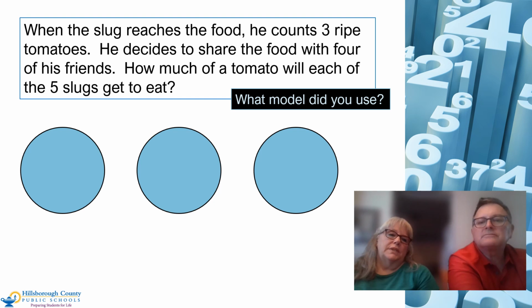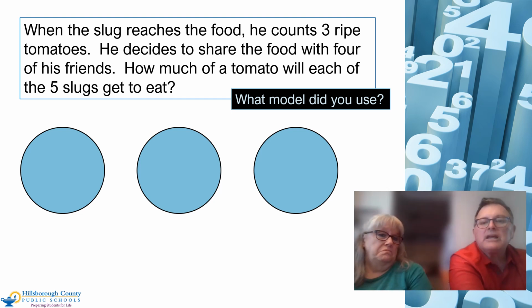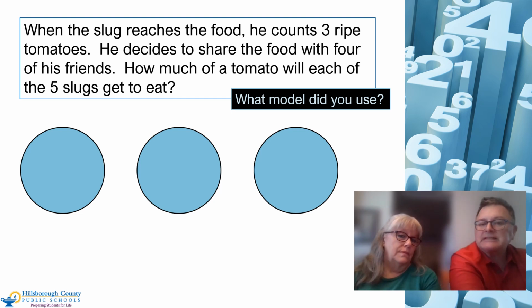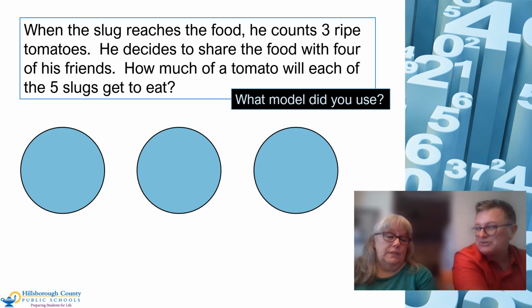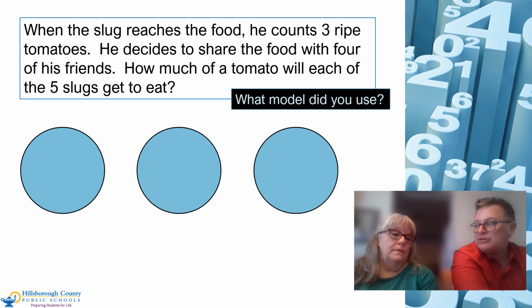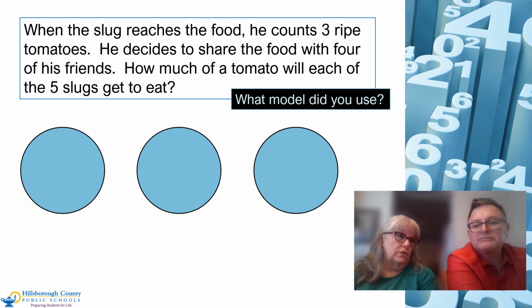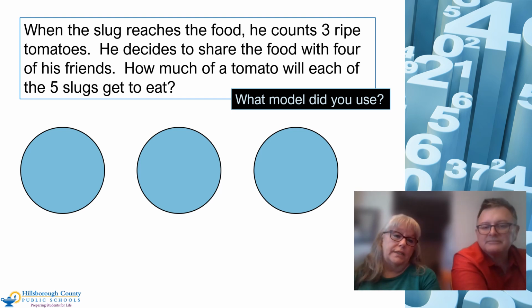Now this problem, Daryl, doesn't make me think of a line. It's not a linear problem. No, and I see you have circles here, but a lot of times kids struggle with circles and then decomposing them into equal sized pieces. I could use rectangles to represent those 3 tomatoes. I could. I use circles because when I think of a tomato, I think of a circular image, but I definitely could have used rectangles.